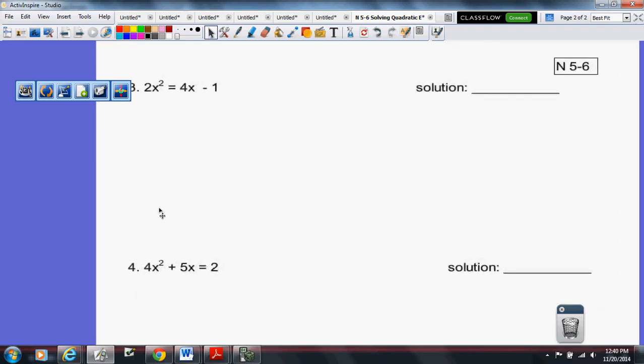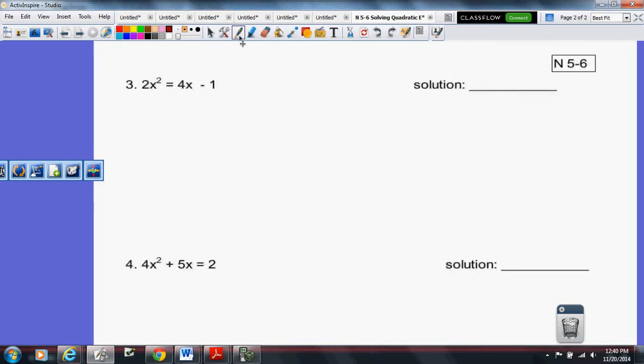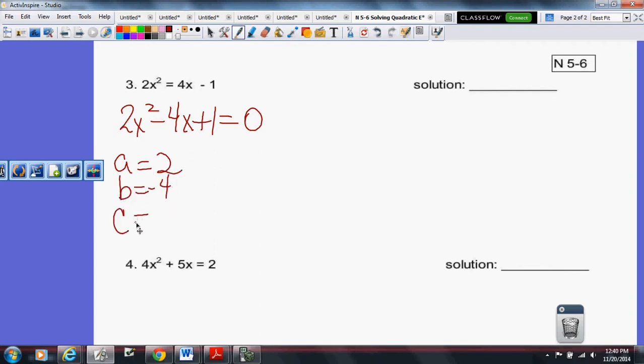So now they weren't so gracious here as to write it where I can easily see my A, B, and C. So I just got to move it over and set equal to 0. So I know that's really 2x squared minus 4x plus 1 equals 0. So I know my A is 2, my B is negative 4, and my C is 1.